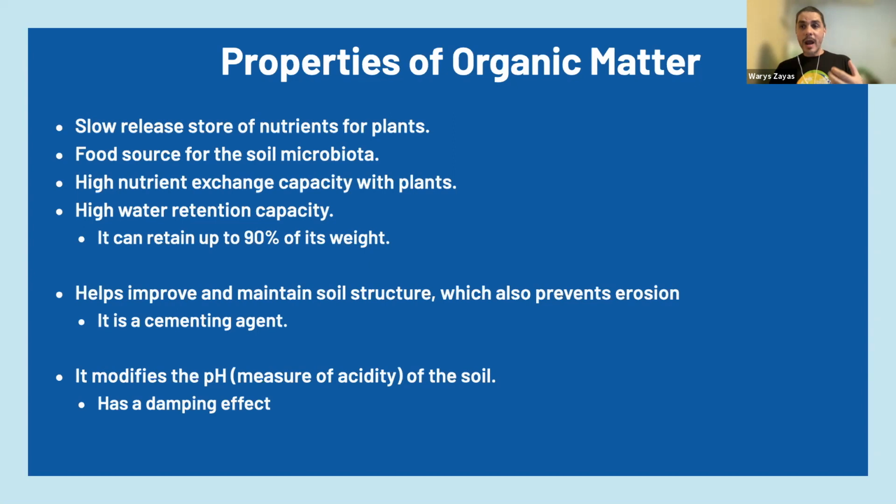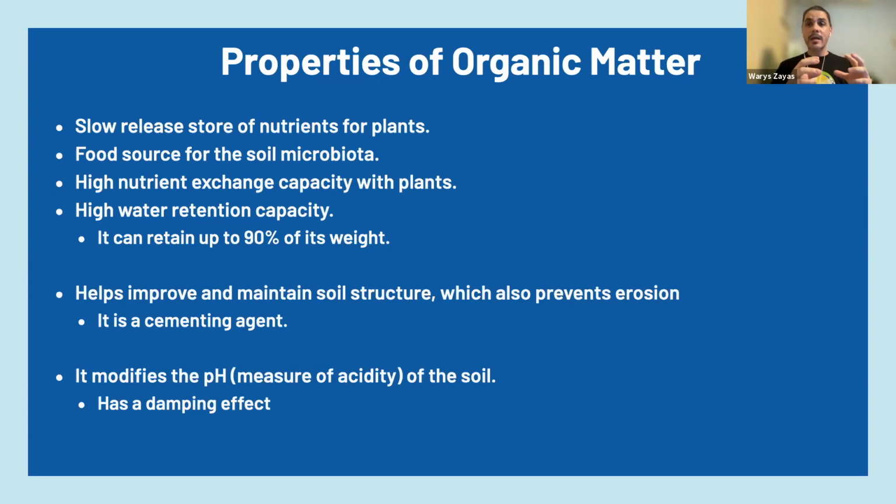So when you have aggregates in the soil, it's really good because, first, soil is less prone to erosion, as you can see in that slide, but as well, those aggregates help to create pores in our soil.